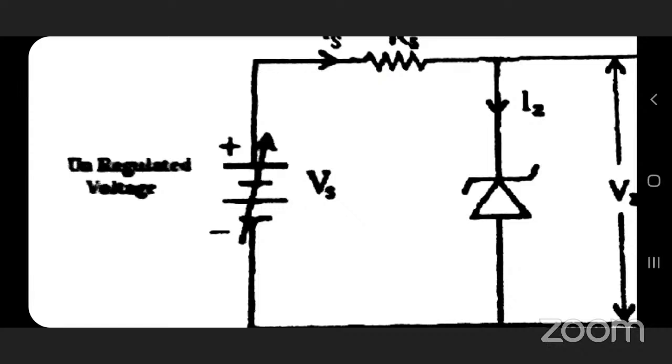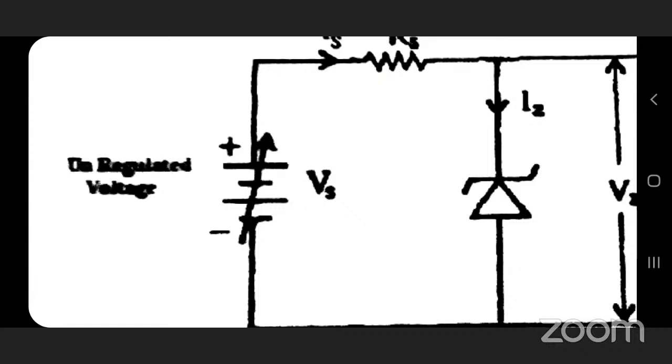The arrow mark indicates that you are able to increase or decrease, it is variable. The longer one is the plus, and the shorter one is the minus terminal of the battery. There is a Vs, and across this there is a considerable signal resistance, the source resistance Rs.